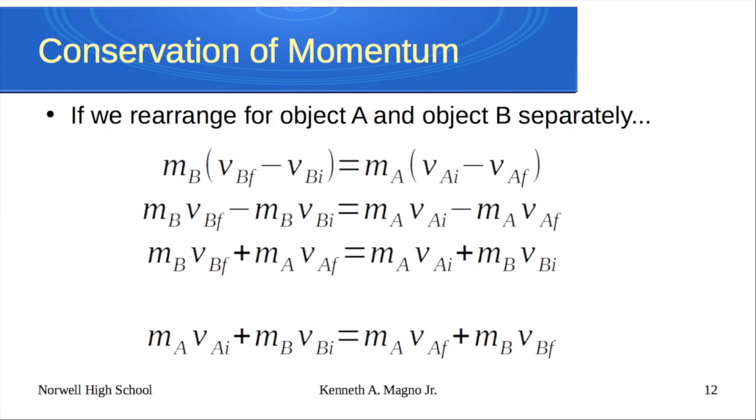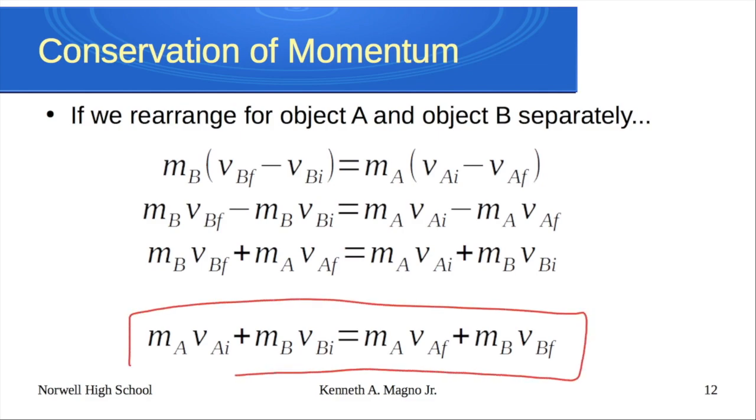So when everything's said and done, for the two objects, when they collide, each starts out with an initial velocity for A and an initial velocity for B. They end with different final velocities, final velocity for A and final velocity for B, and they've each got their own masses, mass A and mass B.